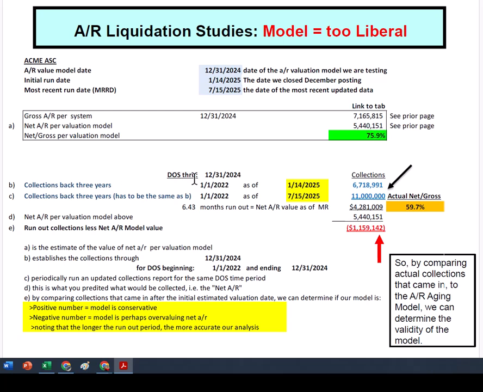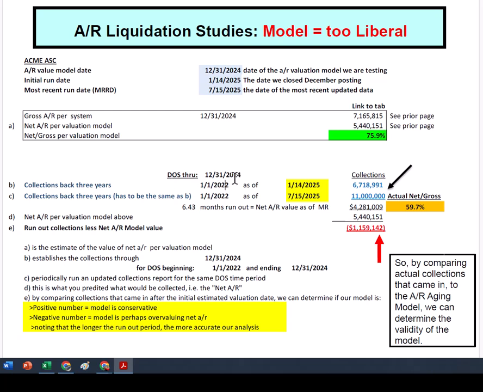So then on the 14th, I say, let's look at date of service collections, everything I've collected for dates of service. I go back 3 years, January 1st, 22. All of 22, all of 23, all of 24.